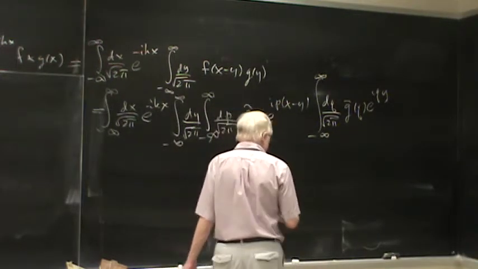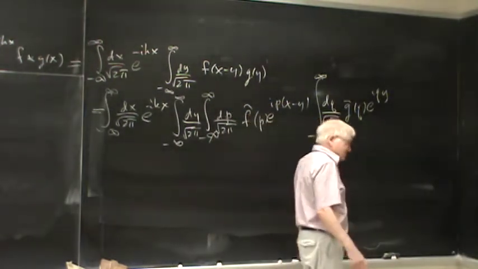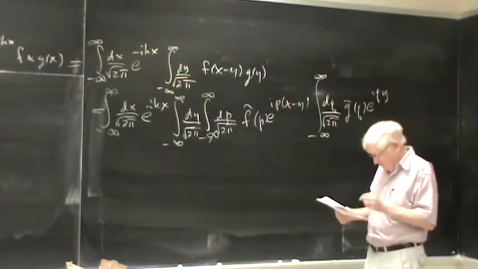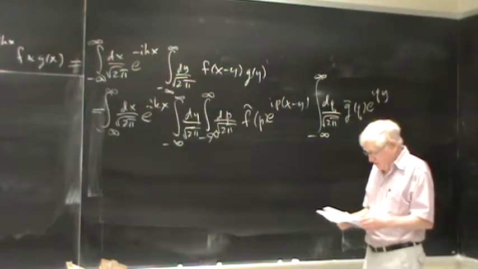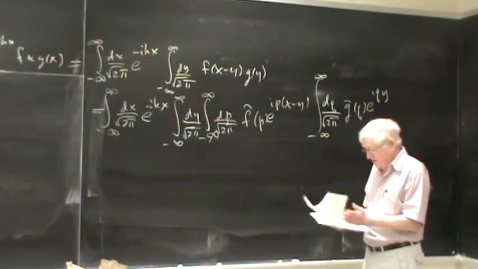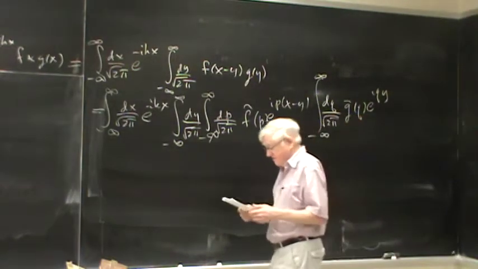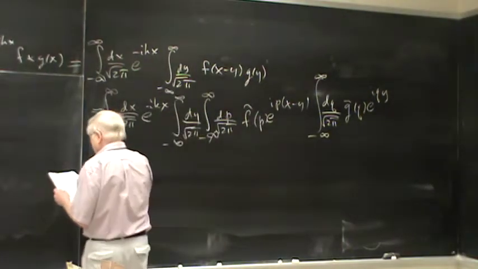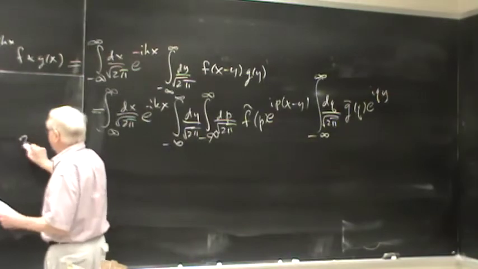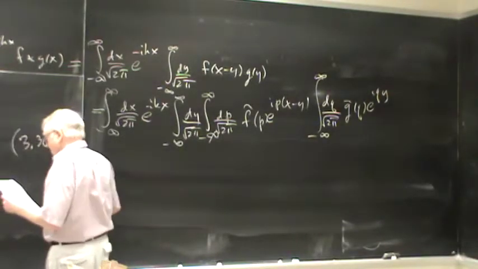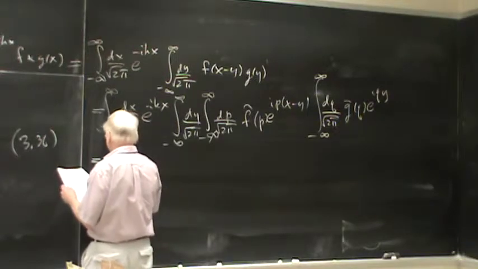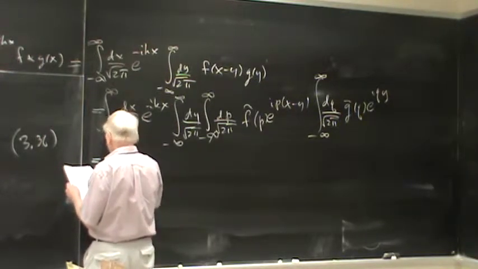But once again, Dirac comes to our aid, and we find that these infinite integrals give us delta functions. And we use in particular equation 3.36 for Dirac's delta function. And what we see is that this is integral minus infinity to plus infinity dy.